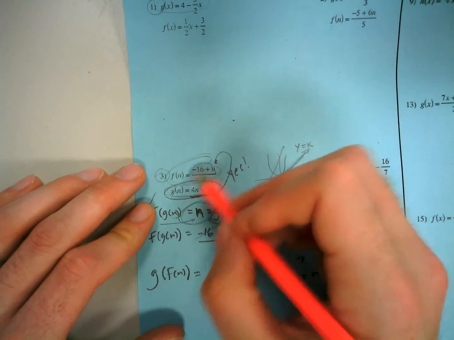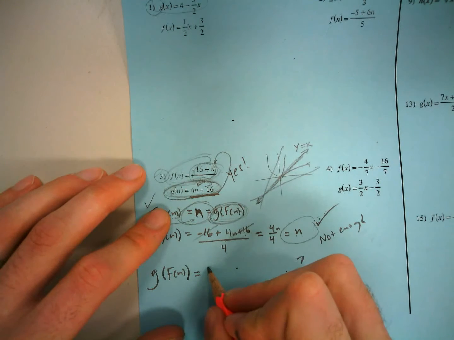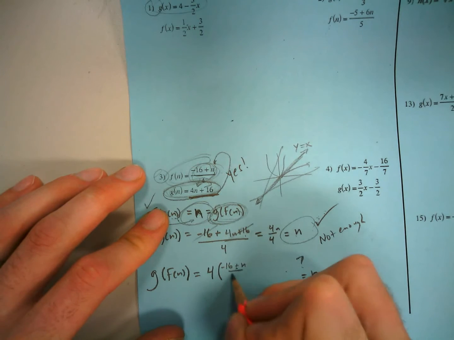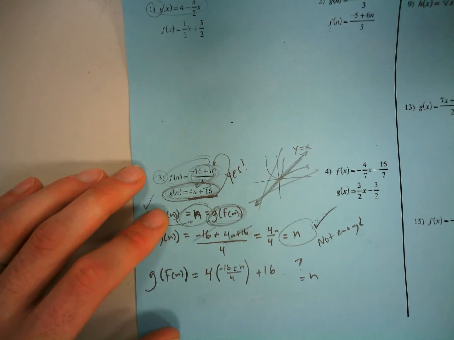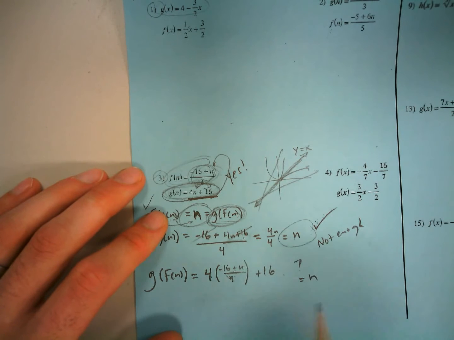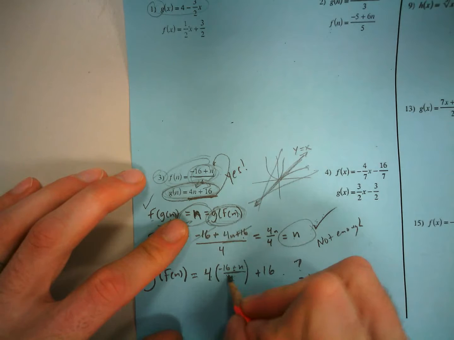This means let's plug all of f into n. So, 4 times negative 16 plus n over 4 plus 16. Wow. Okay, what are we going to do? Well, this is multiplication, but we're multiplying 4 times something that is being divided by 4.